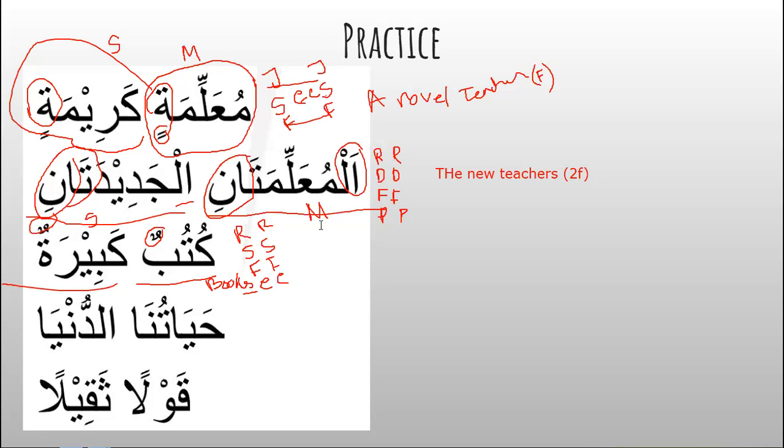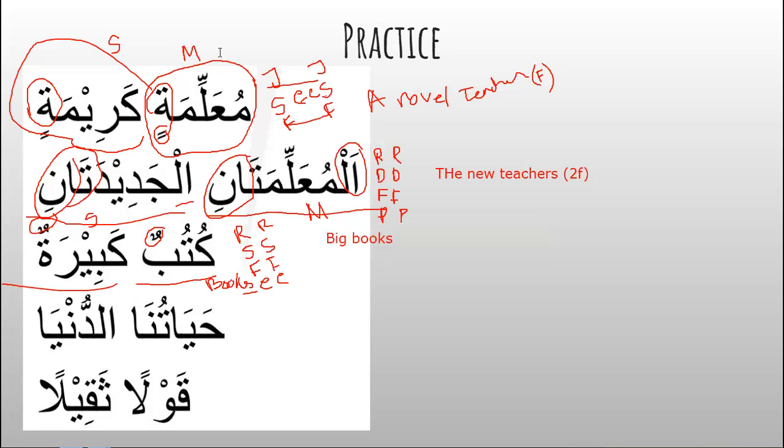Not A, it will just be big books. See, in translation we are translating it as plural, but when we are doing the grammar, we are considering it as singular feminine because this is a broken plural.